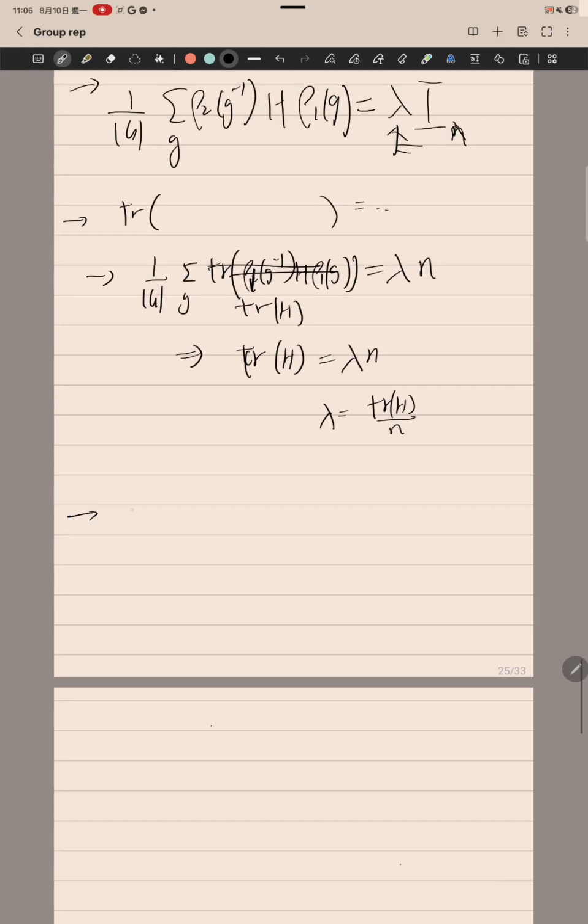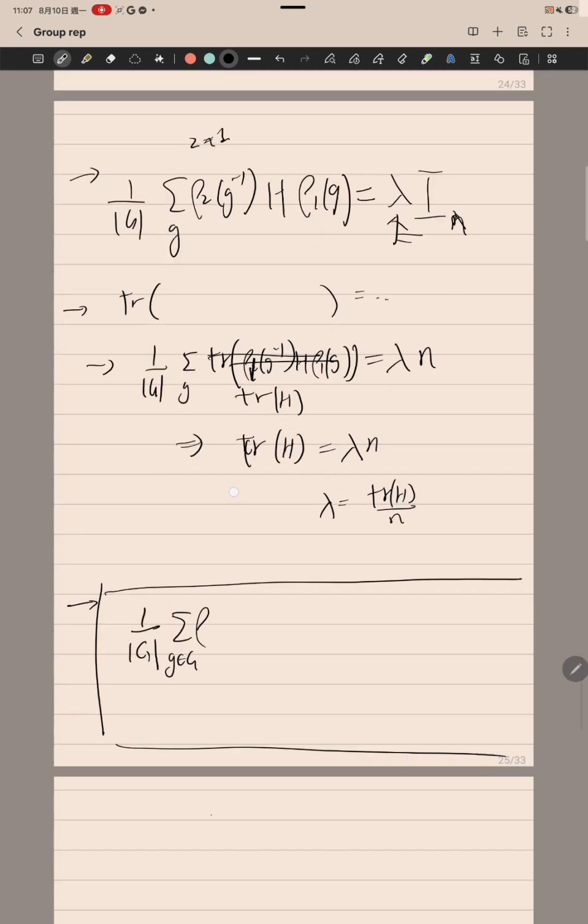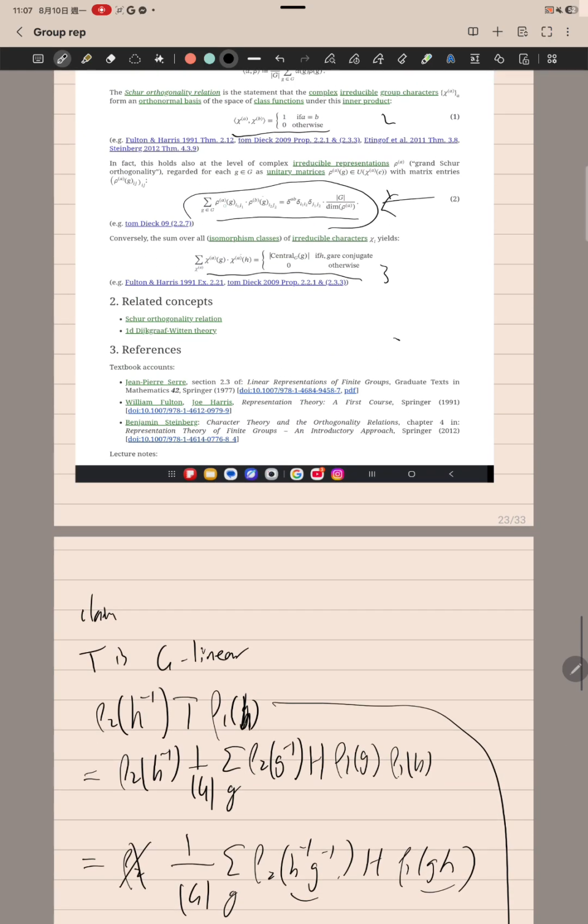Okay, so let me write down the grand orthogonality equation. It is 1 over |G| times the sum over G in the group of rho_A(G inverse) H rho_B(G).